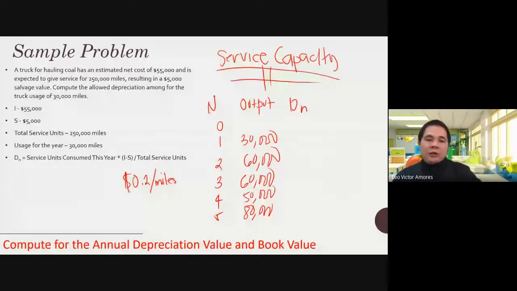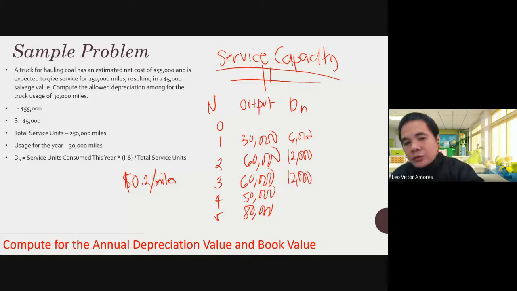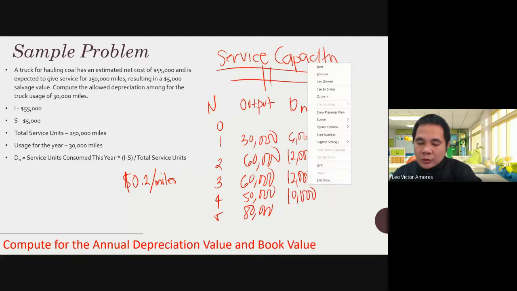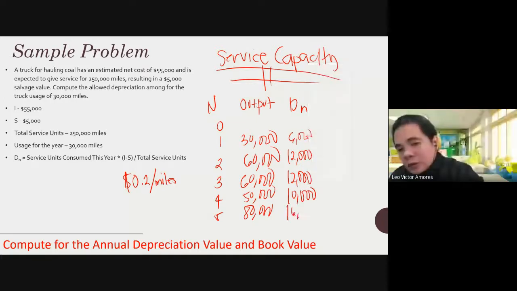So, if you look at it, kung maingon ta og 30,000, ang imong depreciation there is 6,000. 60,000 times kuan, that is 12,000. This is 12,000. 50,000 times, this is 10,000. 80,000 times, this is 16,000. So 30 plus 60 plus 60 plus 50 plus 80.